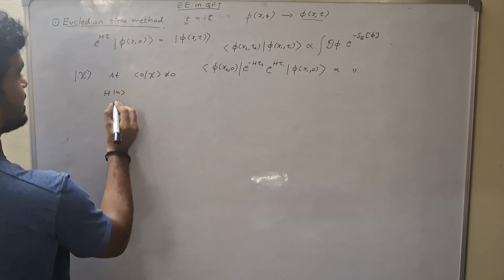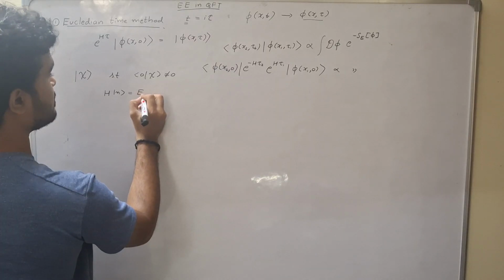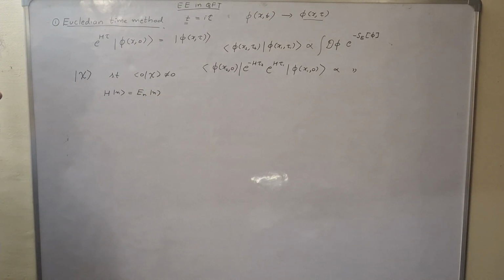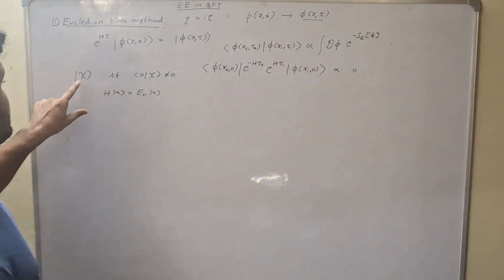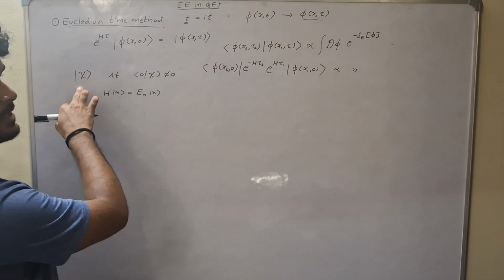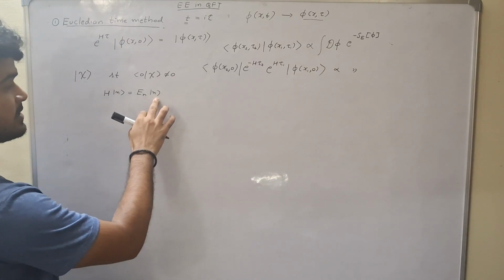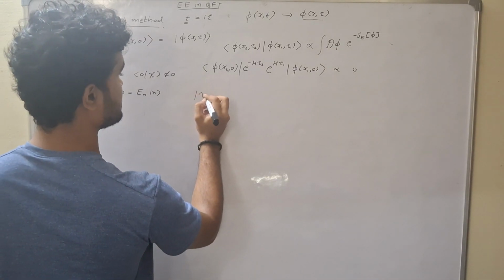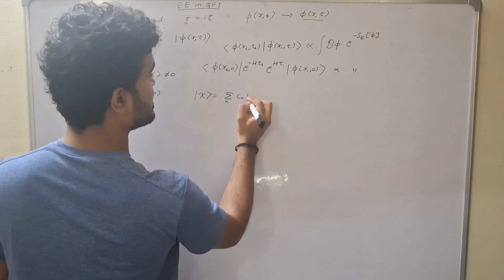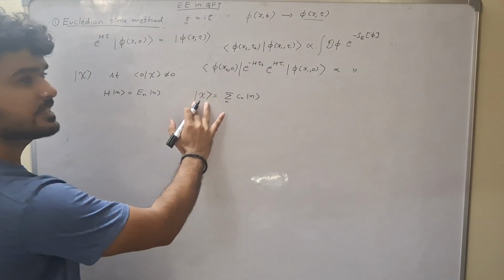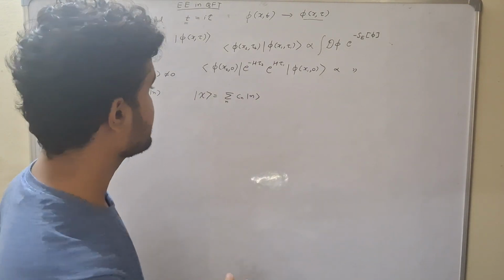Let these be the basis states, and H acting on n will give you En n. Now consider the time evolution of this state. First of all, this state can be written as an expansion in terms of these states, which implies chi equals the summation over n of Cn times n. Any state in the Hilbert space can be written as some linear combination of the basis, right?